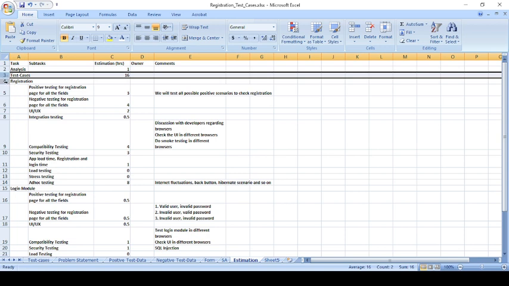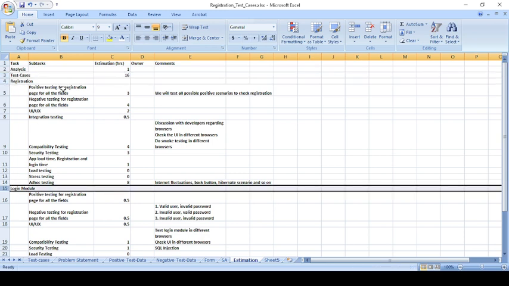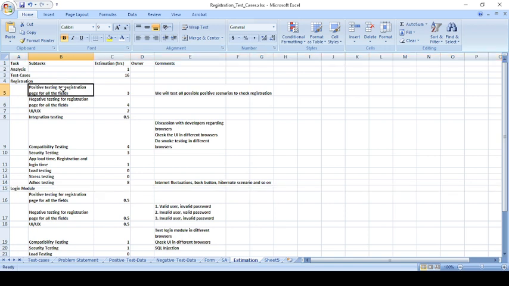Then we have that standard rule of dividing the whole problem into multiple functionalities or modules. So we have divided it into registration and login modules, and then we have mentioned the subtasks. The subtasks are the different types of testing which we have seen in the standard approach.